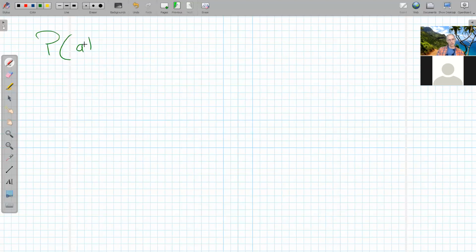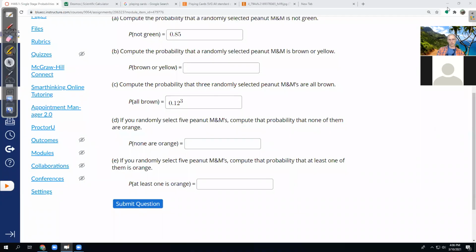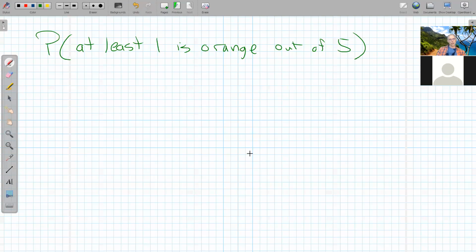Probability at least one is orange out of 5. Okay, so what does that mean for us? So at least one is orange.